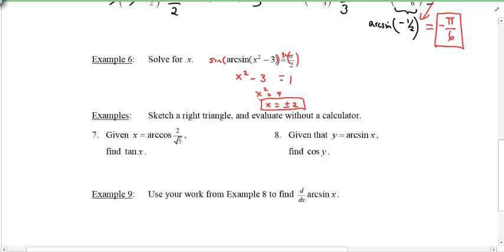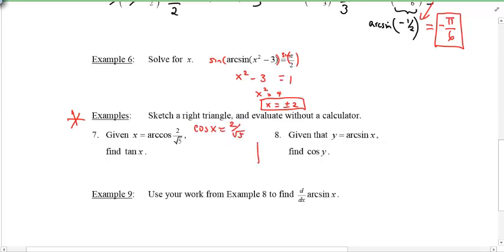Okay? This is important because I'm going to ask you to try to sketch these right triangles to find different ratios. So what does this mean when I say x equals arccosine of 2 over root 5? You could be thinking, if I take cosine on both sides, that's cosine x equal to 2 over root 5.